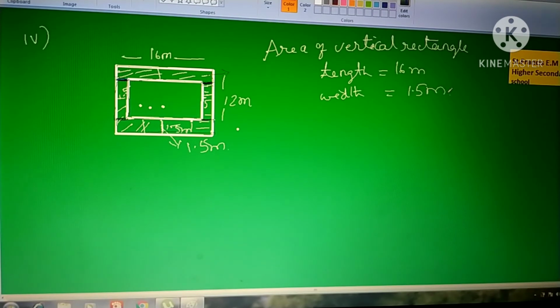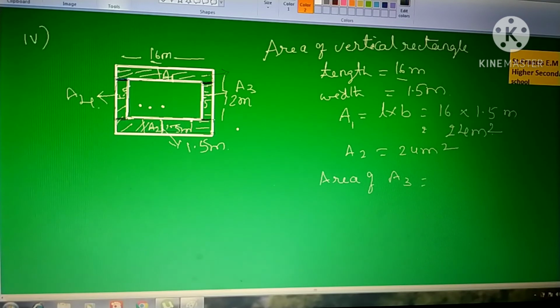Now see, first we will find the area of the vertical rectangle. Okay, observe this vertical rectangle here. What is the length here? 16 meters. So what is the width? They have given this width is 1.5 meters, right? So write down that one. Now find out the area. Area is equal to L into B, that is equal to 16 into 1.5 meters.